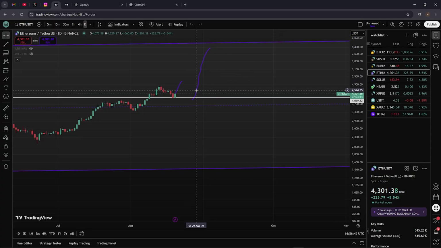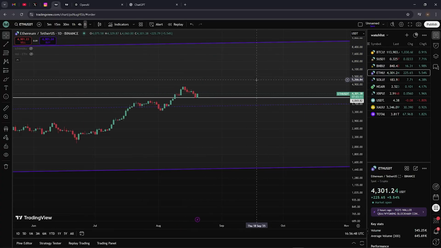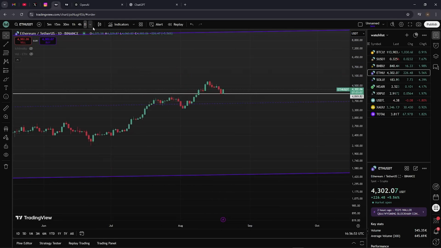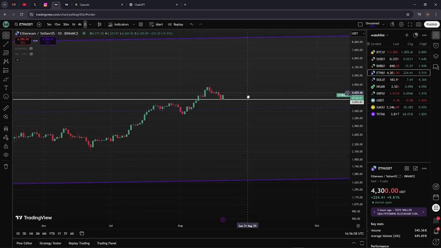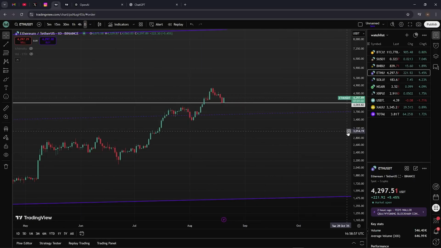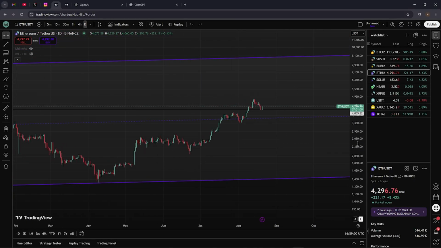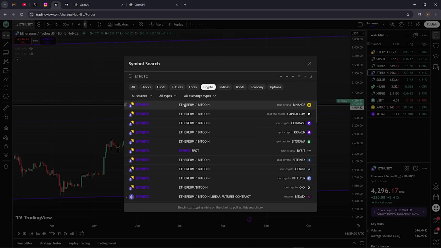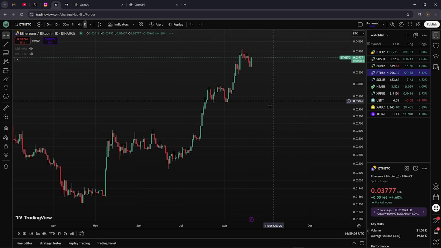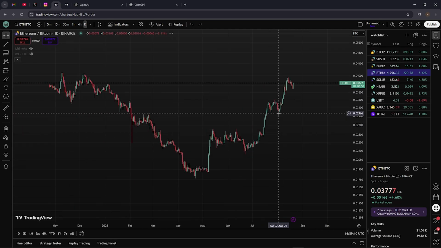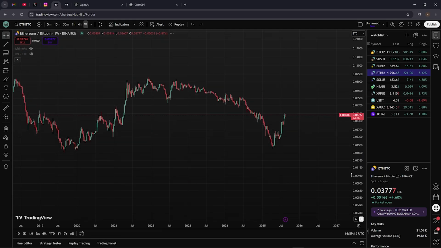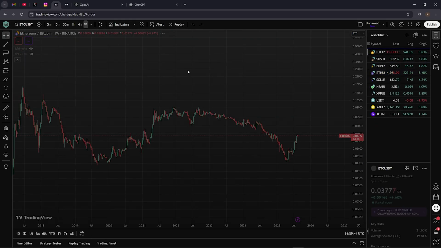And the reason I say that is because September is usually the month where cryptos struggle. Well, Bitcoin usually struggles, and when Bitcoin struggles, everything does. Another thing that I like to talk about is Ethereum to Bitcoin. Because if you want to know if any coin does well in the crypto market, you should look at it against Bitcoin.